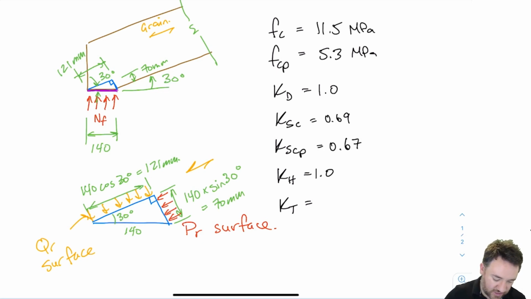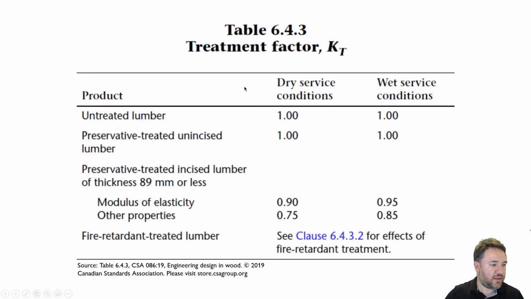And then KH we had as 1, and now we need to go to our KT table to figure out KT. So we have wet service condition. We talked about preservative treated and incised. So now we're here, of thickness 89 or less. That's true because we're 38. Modulus of elasticity is 0.95. We are looking for strength properties, which fall under other properties here. It's going to be 0.85.